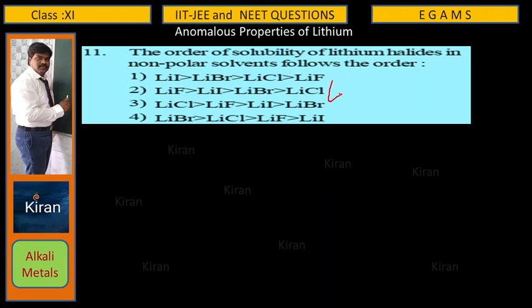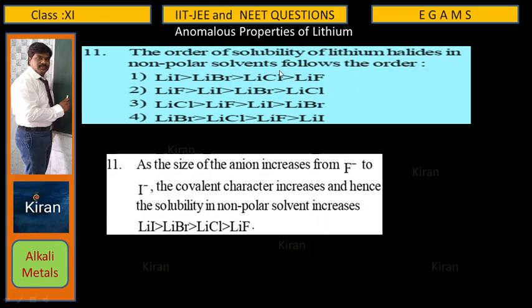Lithium fluoride: fluorine has a smaller atomic size, high electronegativity, so definitely it has polarity. In the same way, lithium iodide has a higher anion size and is more covalent.